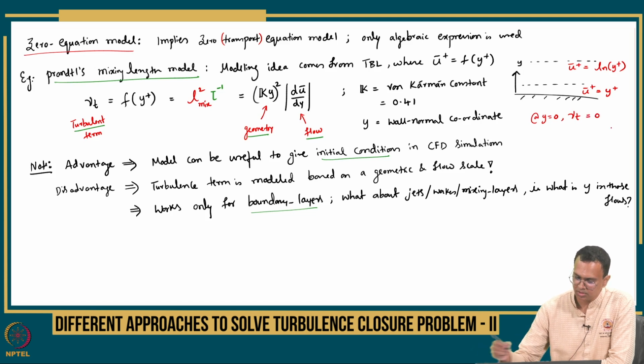But according to this model, what will this be? y goes to 0, right? So y going to 0 will make kappa y equal to 0. So this is completely fine, right? And if you take a boundary layer, what will happen when you go to free stream eddy viscosity? What should that be?